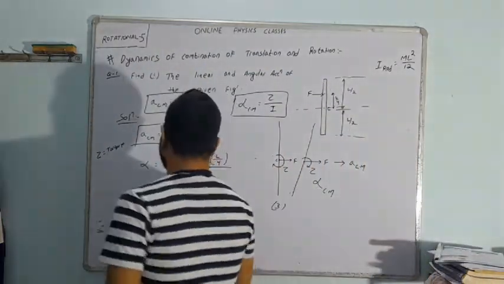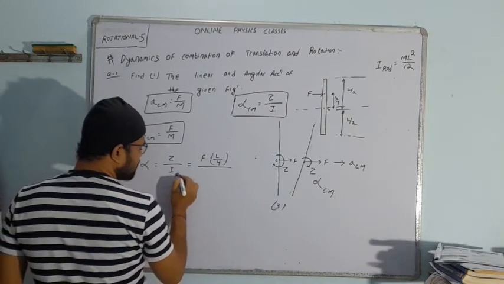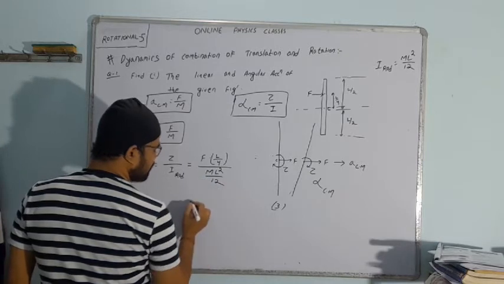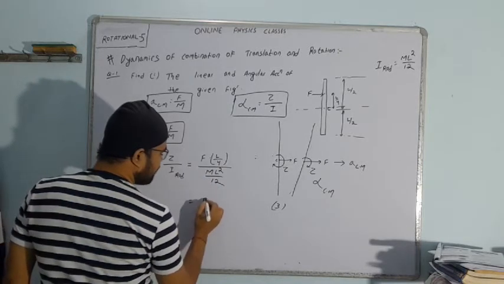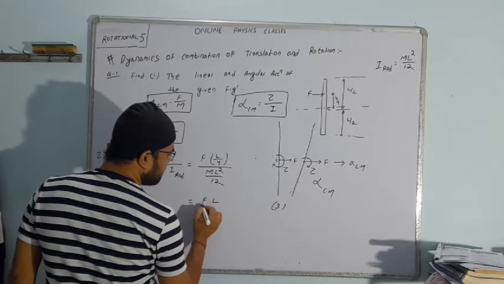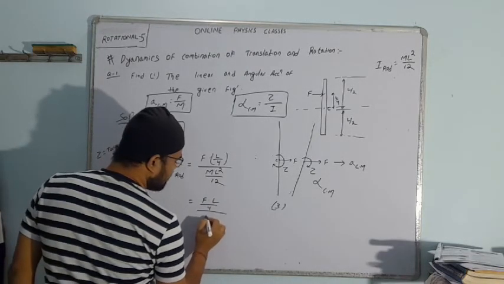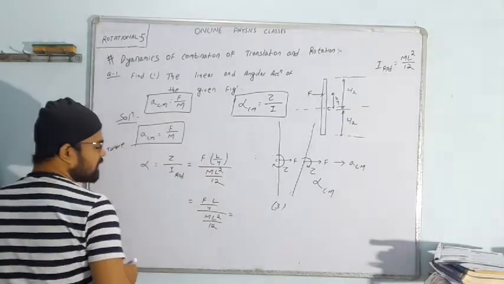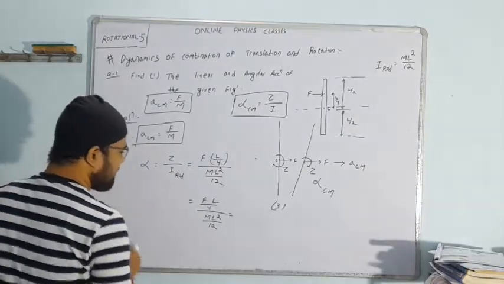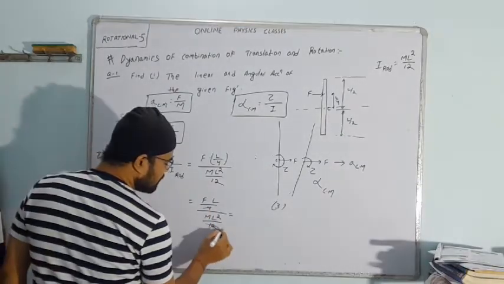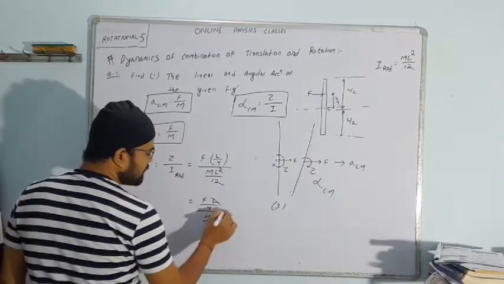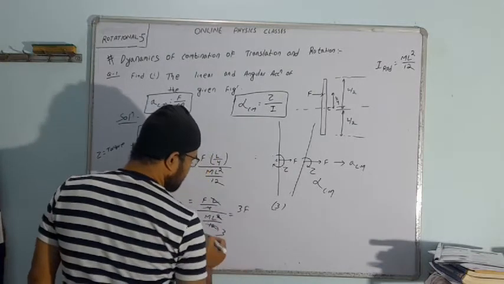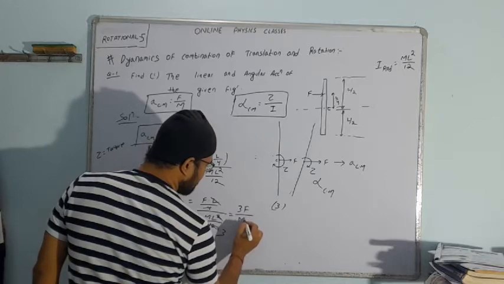So we have F L by 4 divided by m L square by 12. Finally, the 3 comes and L L cancel, so it becomes 3F by ml.